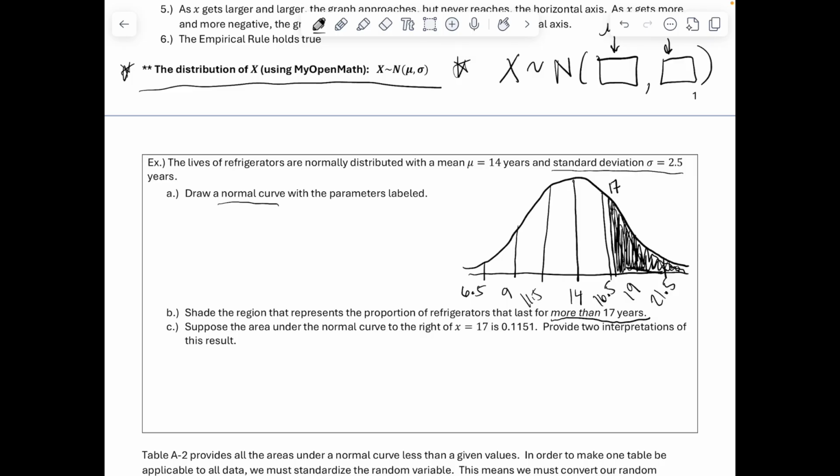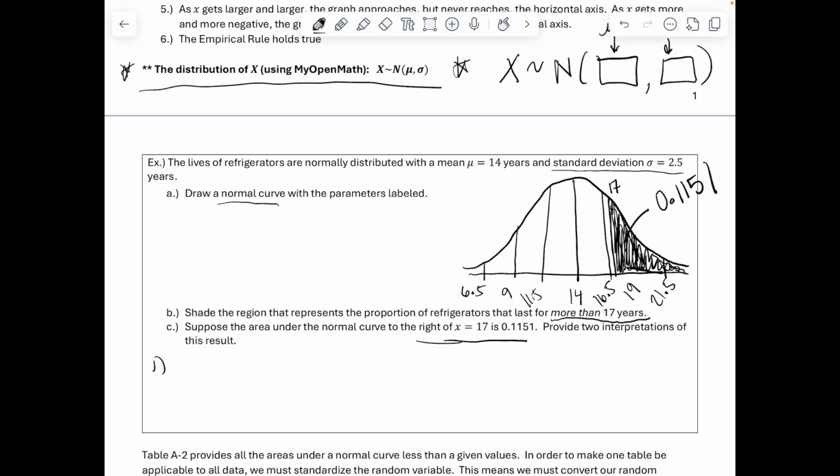Part C says suppose the area under the normal curve and to the right of x equals 17 is equal to 0.1151. So this shaded area that we just have tells us that this is equal to 0.1151. It says provide 2 interpretations of this result.